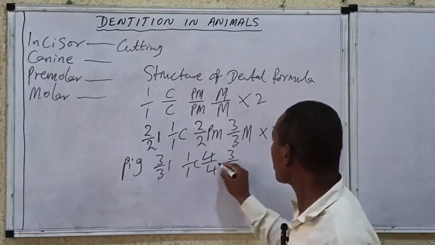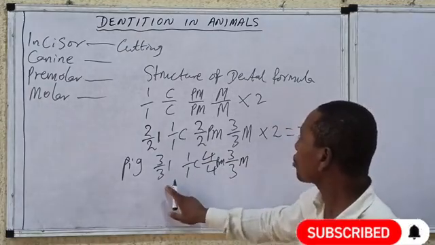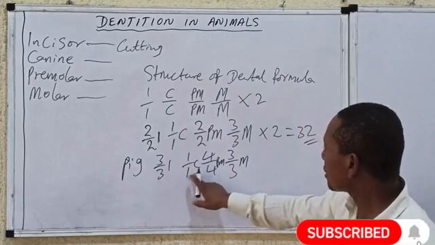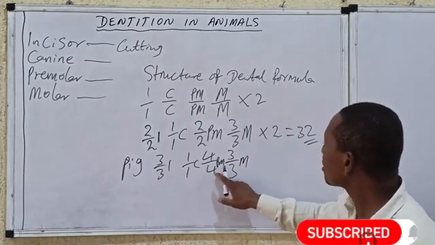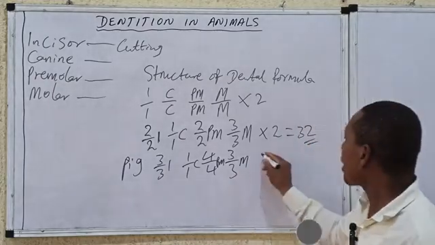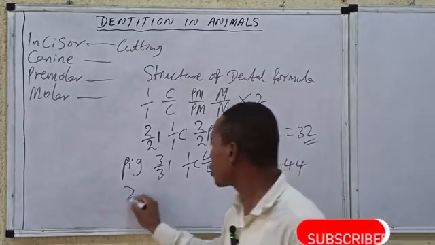So this is I, C, PM, and M. If you add these together, 8 plus 8 is 16, and 16 plus 6 is 22, times 2. You have 44.